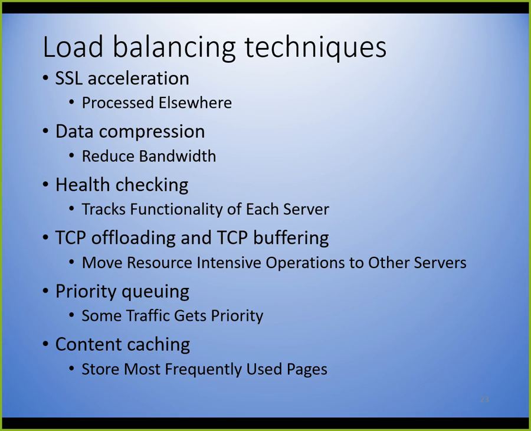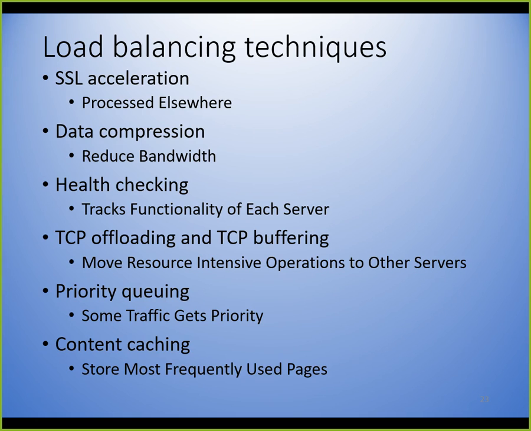Load balancing techniques include SSL acceleration, secure socket layer, where we offload the security processing to some other device. Data compression is one of the ways that we have gotten everything to be a lot faster.